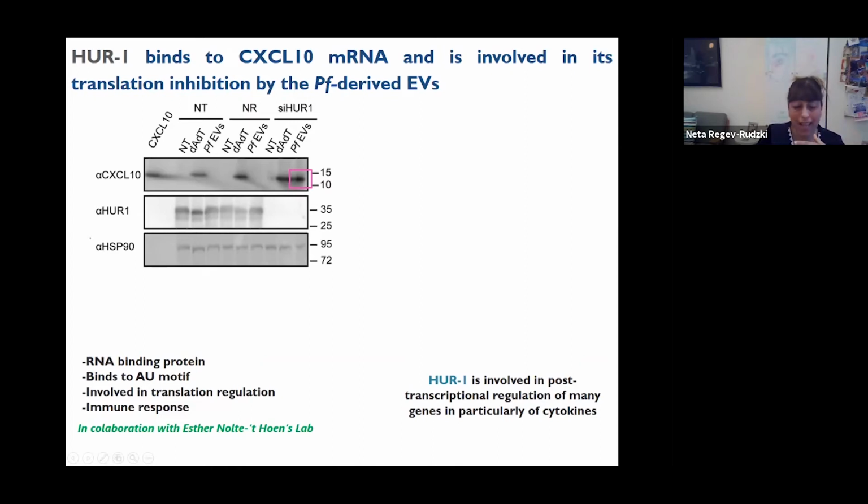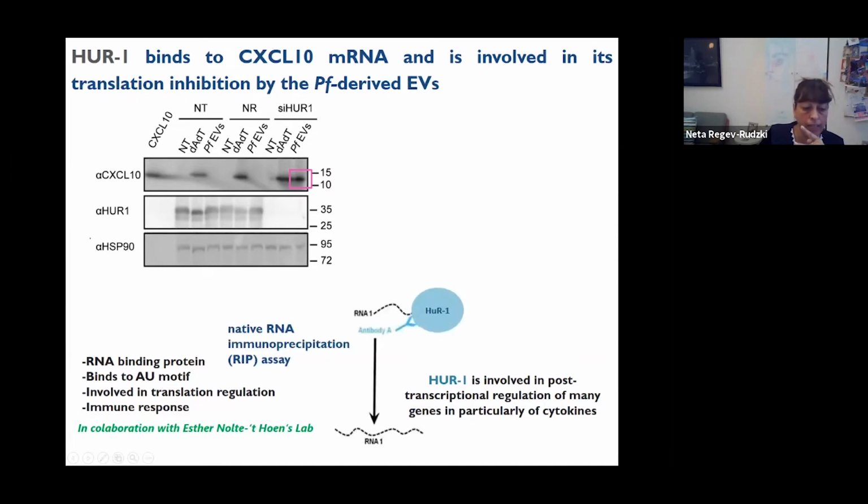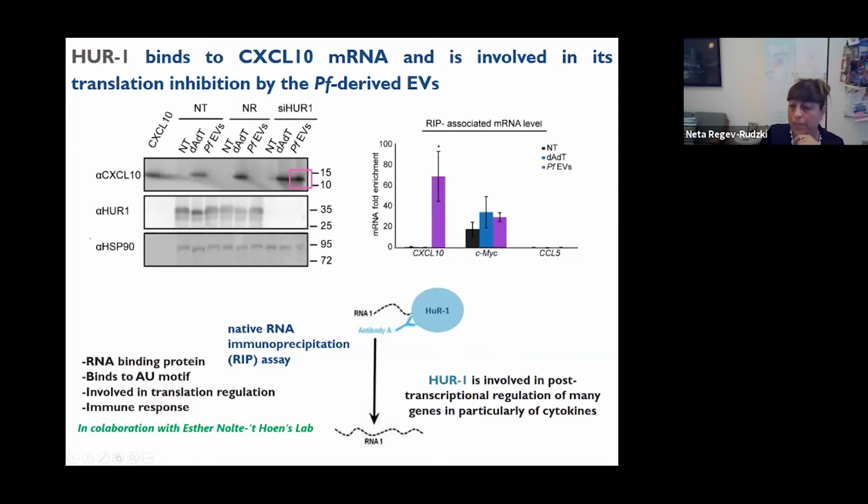To address that, we had to establish this native RNA immunoprecipitation assay, where you use an antibody to pull down HUR, and then you examine which RNAs are associated with the pull down sample. And the results were really striking. As you can see here, we got really high levels of IP10 mRNA in the pull down of HUR, but only when we introduced the parasitic vesicles to monocytes.